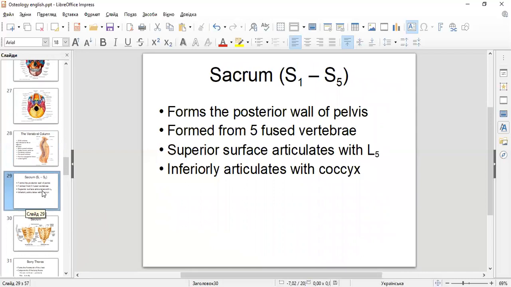Sacrum forms the posterior wall of the pelvis, formed from 5 fused vertebrae. Superior surface articulates with the fifth lumbar vertebra. Inferior articulates with coccyx.